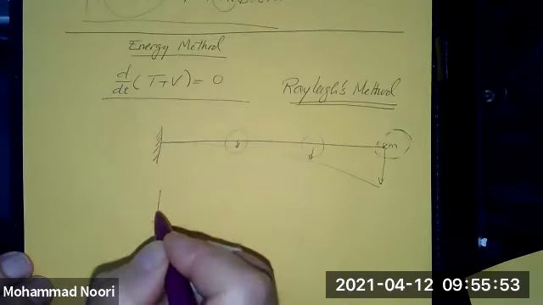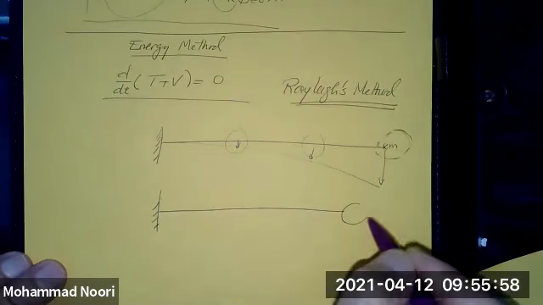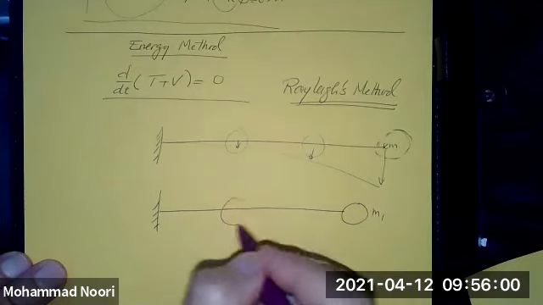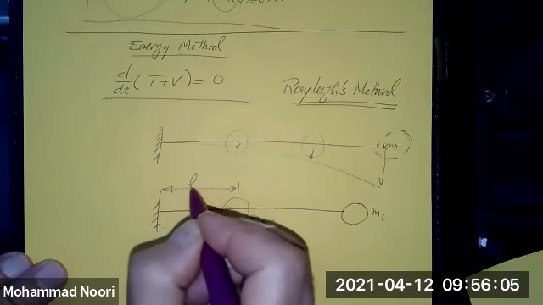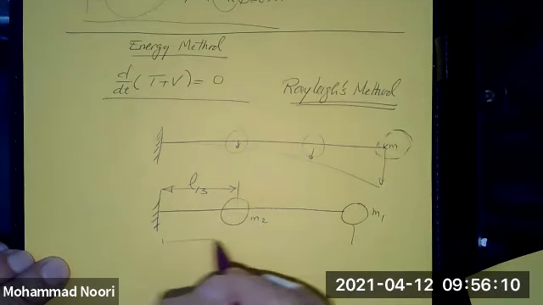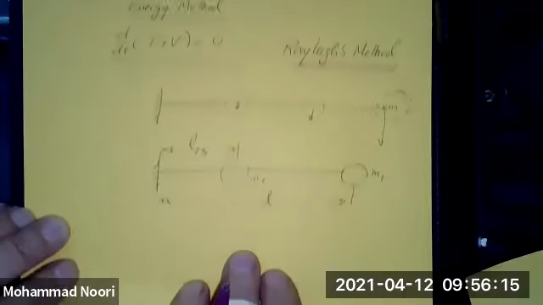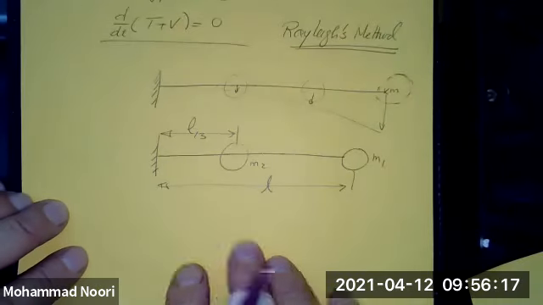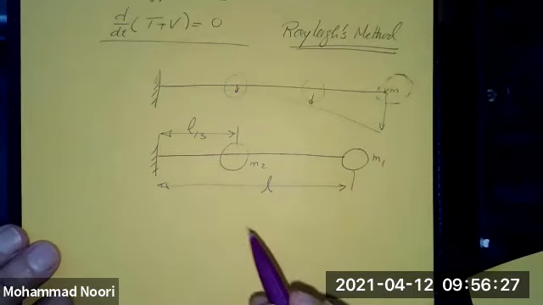Let's say you have a beam with 2 lumped masses, M1 at this point and M2, maybe at a third of a distance from the tip of this beam, length of this beam being L. He said, okay, let's say this is a dynamic system and we want to set this up as a single degree of freedom system. What do you do? Well, he came up with this idea.